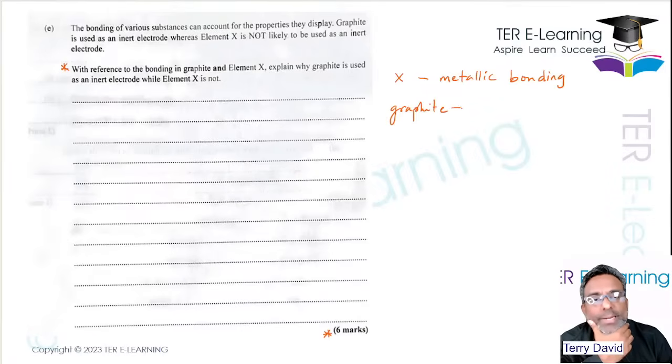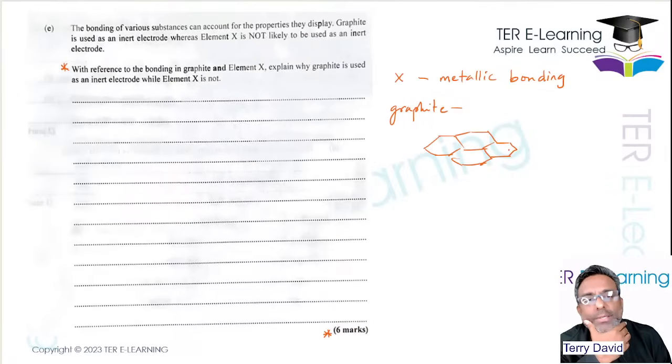Then we have graphite. The bonding that we have in graphite, if you remember what the structure looks like, graphite has hexagonal layers. This is what the structure of graphite is going to look like. We have these hexagonal layers that are covalently bonded. I'm just going to draw 2 layers here.